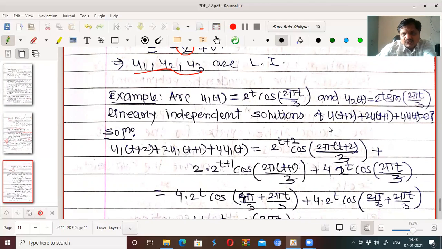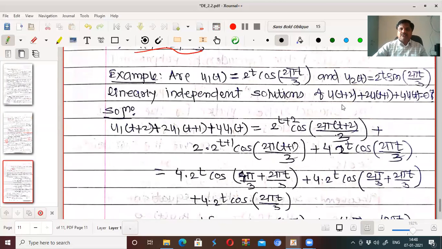We want to verify whether these two are linearly independent solutions of this equation or not. Again, the same method is there. First of all, you see whether this satisfies this and this satisfies this. Once they are satisfied, go for the Casoratian and verify whether these are linearly independent.